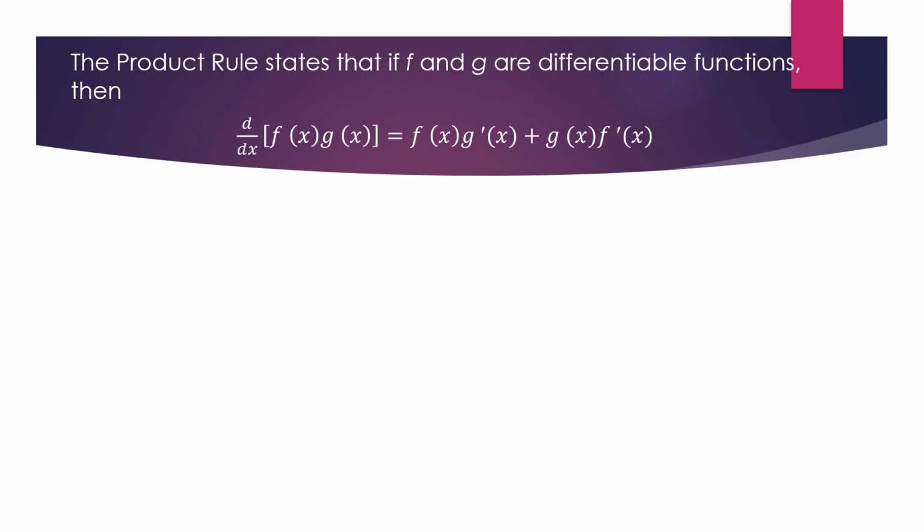To better understand this formula, let's see where it comes from. Based on the product rule, we get the first equation: d/dx of f(x) g(x) equals f(x) g'(x) plus g(x) f'(x). Then we take the integral of both sides.